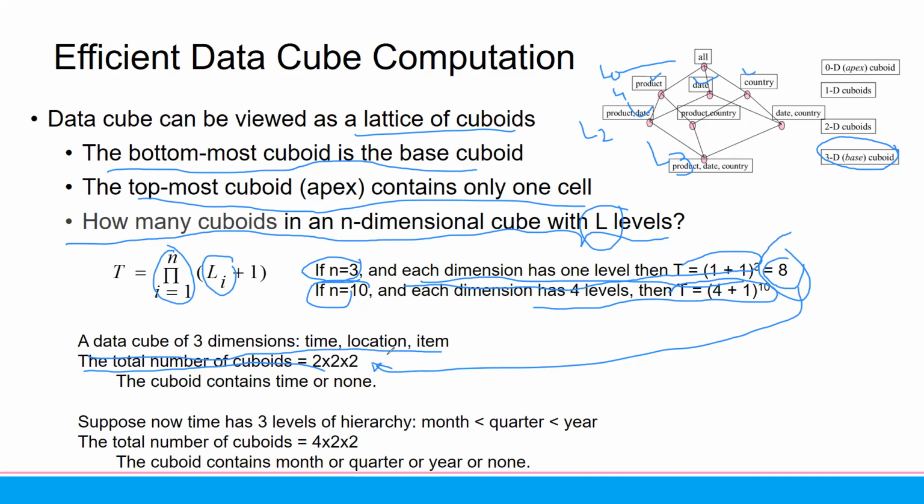And suppose now the time has 3 levels: month, quarter, and year. So the total number of cuboids is 4 multiplied by 2 multiplied by 2. The cuboids contain more months or quarter or year or none. Okay, it can happen.